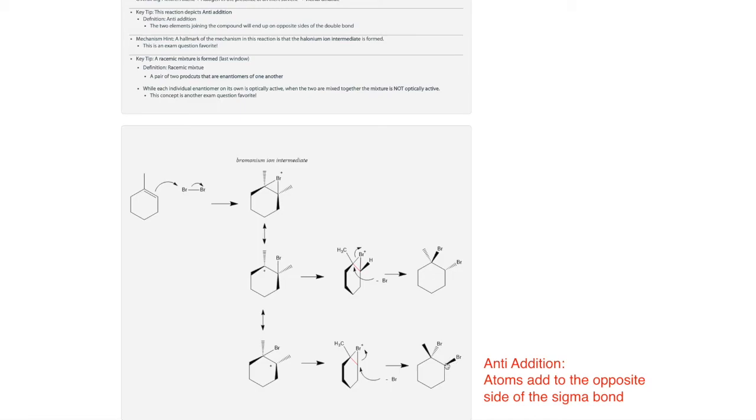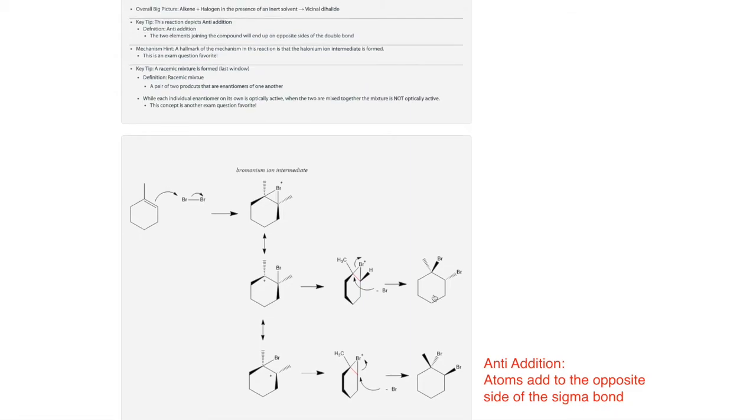So in this case, we have a bromine that is wedged and a bromine that's dashed. What that means is that they're on opposite sides of the ring. If we look at the other product, it's exactly the same product except in reverse. In this case, carbon number 2 now has the dashed and carbon number 1 has the bold. The reference in this case is the methyl.